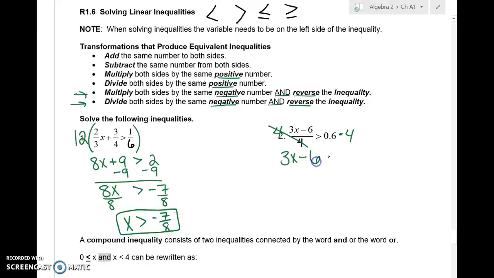3x minus 6 is greater than 2.4. Okay. All right. Then we would add 6 on both sides, which would be 8.4. And then divide both sides by 3.